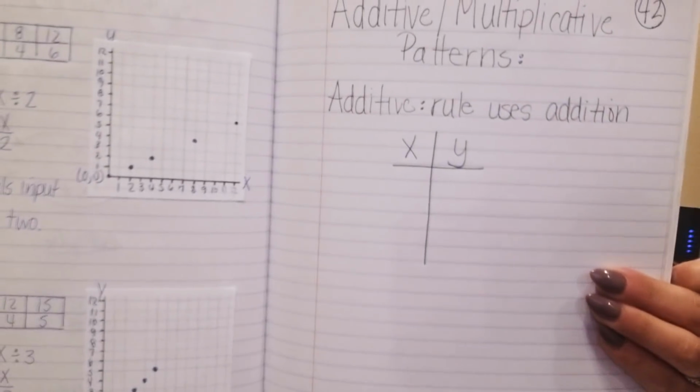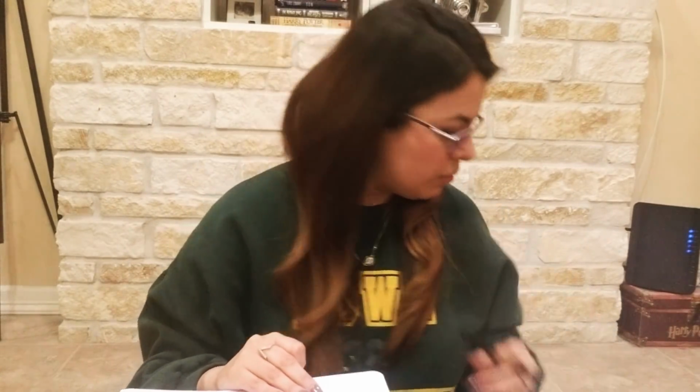So the next thing I'm going to do is write down a little chart, a T-chart, okay? And I'm going to do my X's and my Y's, just like that. The numbers that I'm going to use for this one are, sorry guys, I have all my stuff on the floor right here.